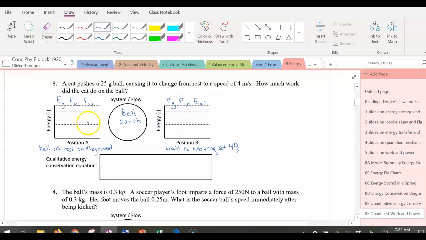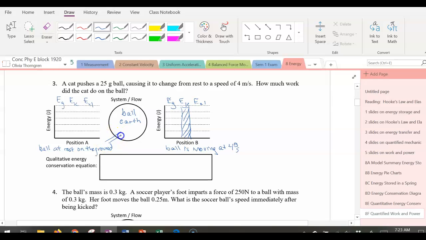So basically there's no energy to begin with at position A. But at position B, it's moving. It's still on the ground, so there's no gravitational energy, but there is kinetic energy because now the ball is in motion. That energy had to come from somewhere, and energy was added to the ball's system by the cat.